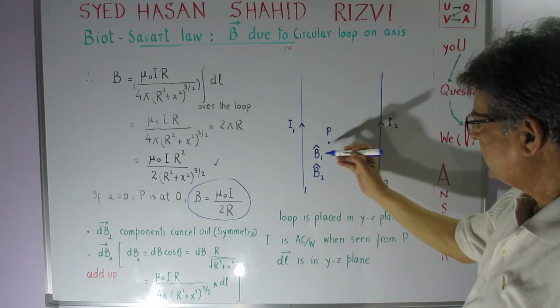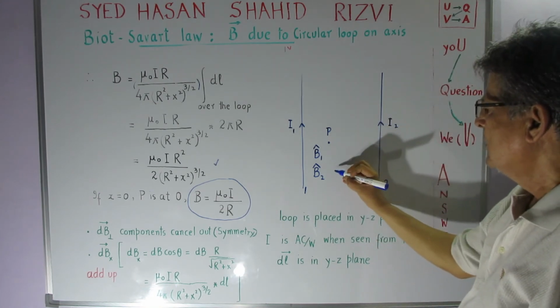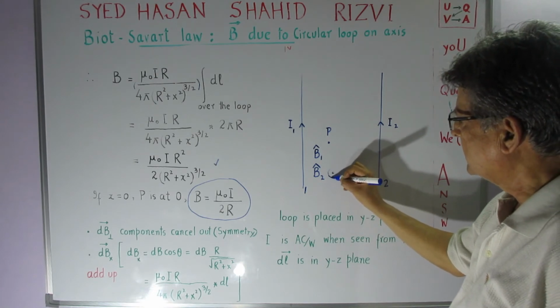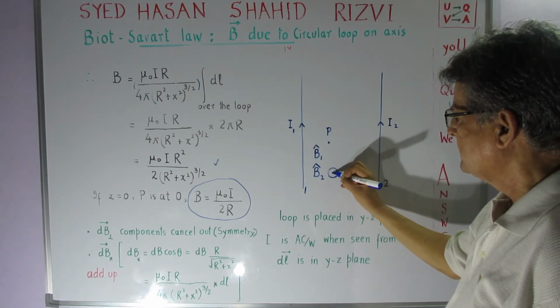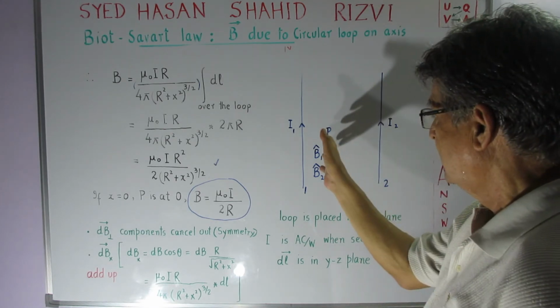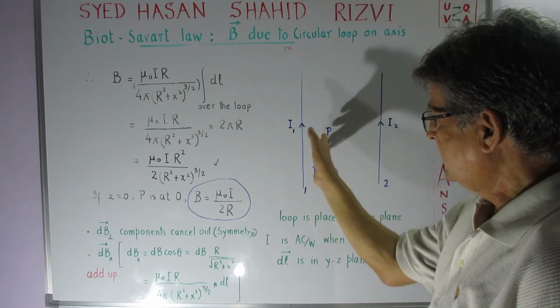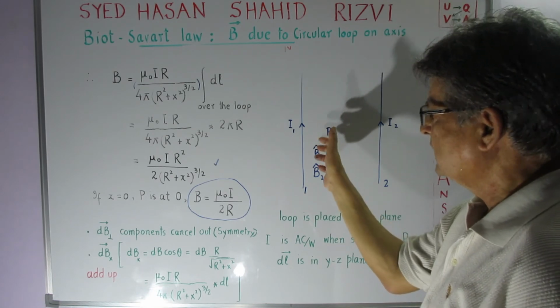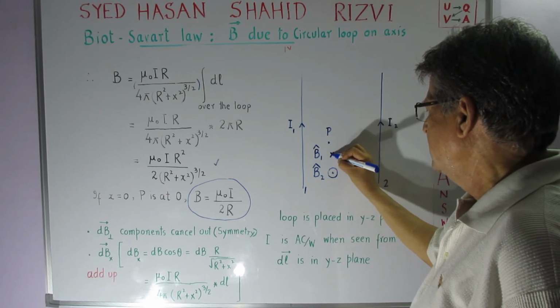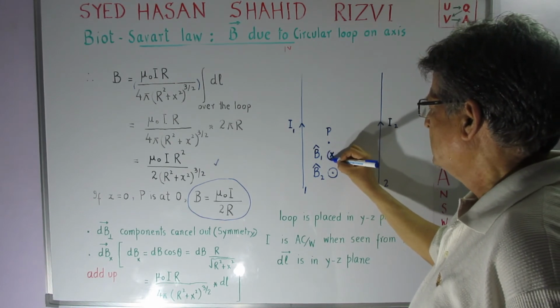So the magnetic field due to I2 will be outside, and can be represented like this. If I hold I1 like this, then my fingers are going inside, and therefore the direction of B1 cap will be like this.